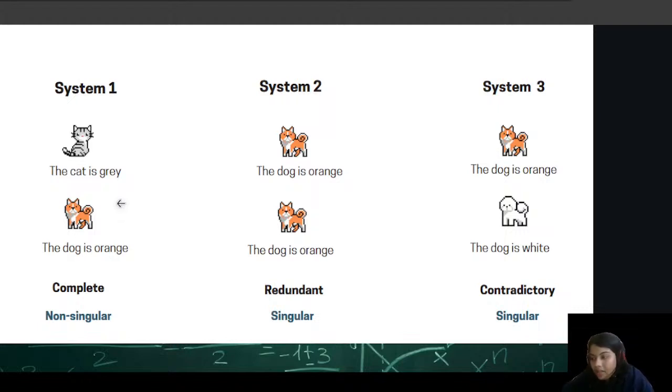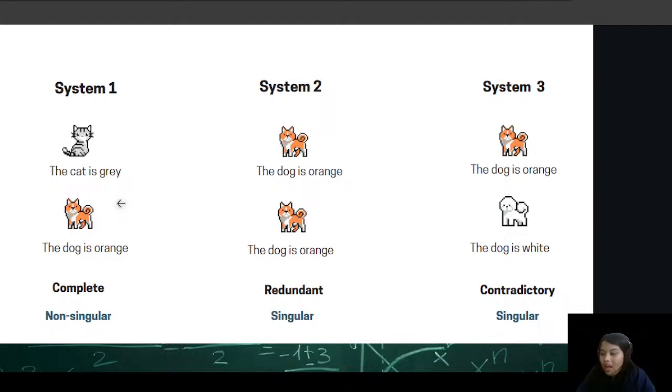To compare the singular and non-singular, the singular system can be either redundant or completely contradictory, sorry.